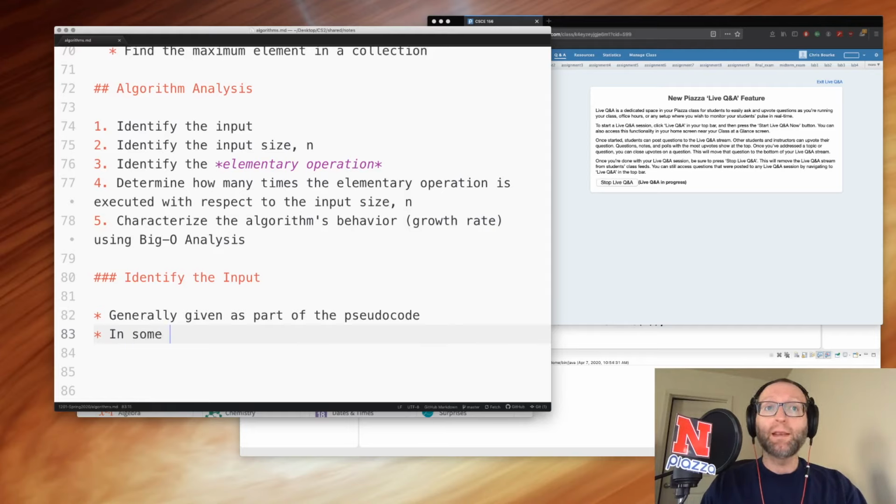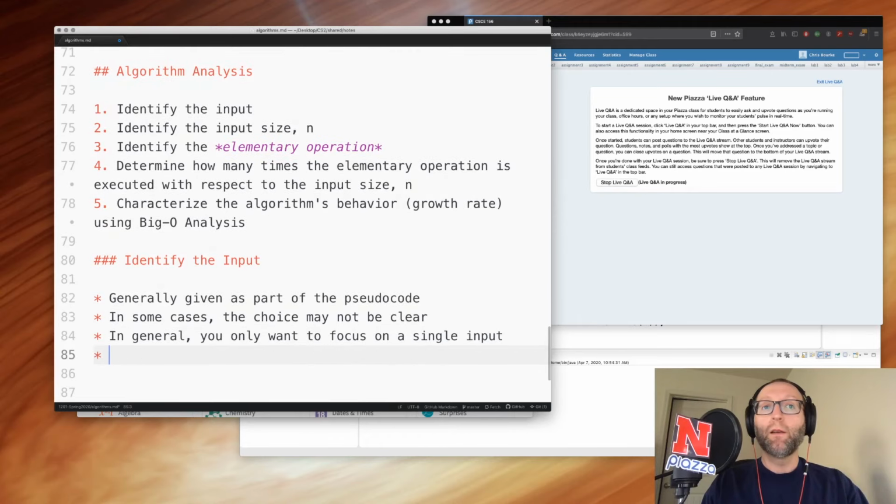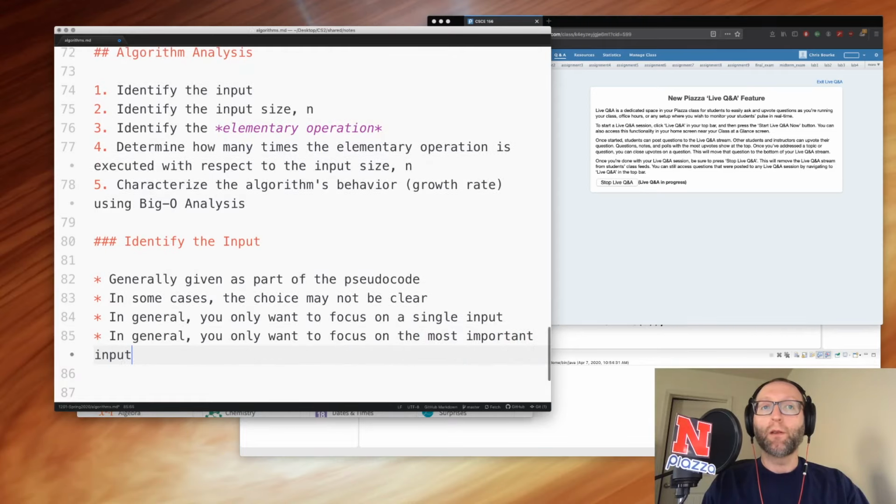But in some cases, the choice may not be clear. Right? In general, you only want to focus on a single input. And in general, you only want to focus on the most important input.